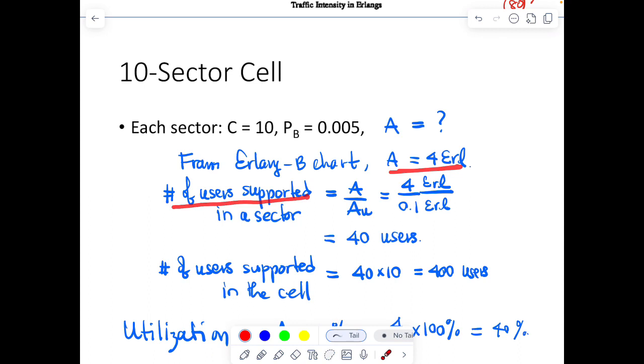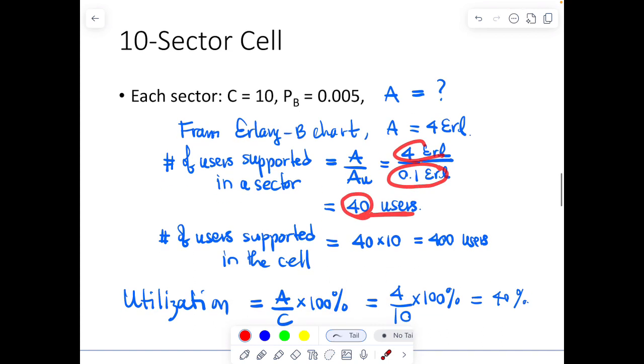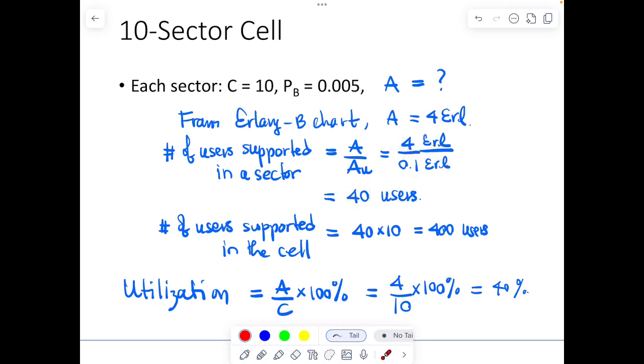So the number of users supported in a sector, right? Remember, we consider only one sector, so it's 4 Erlang divided by 0.1. This is equal to 40 users. That means for the same cell, if we do this in terms of 10 sectors, the total number of users that can be supported is 40 multiplied by 10, so it's 400 users.